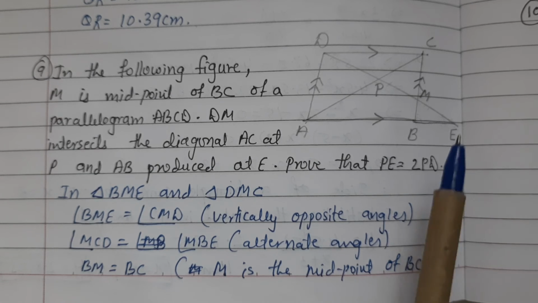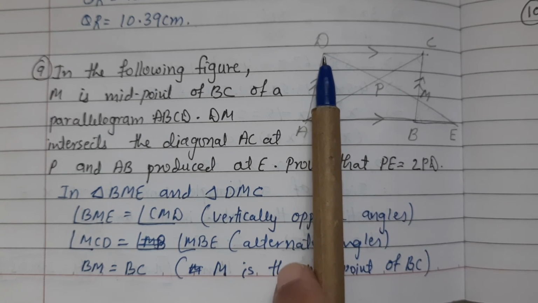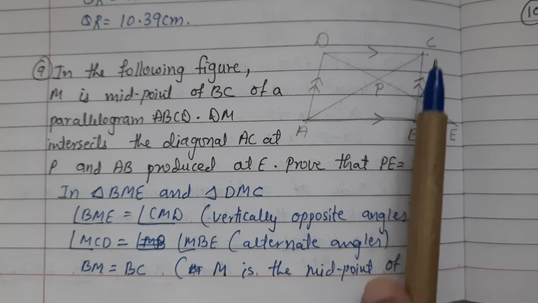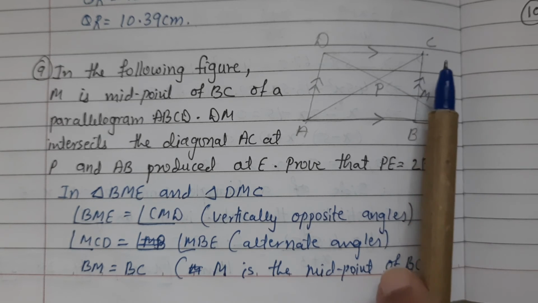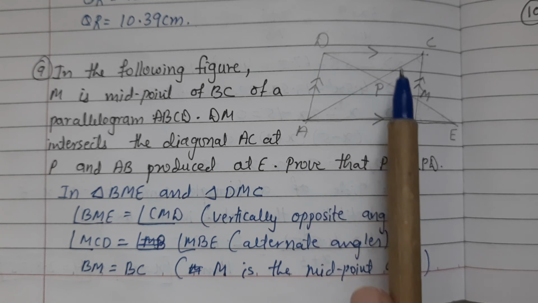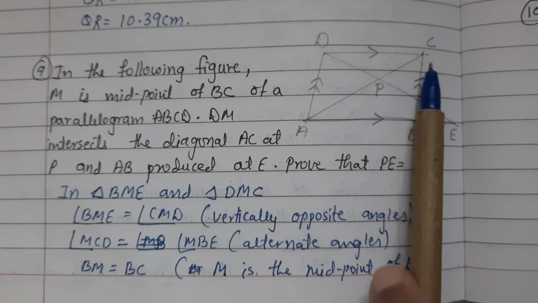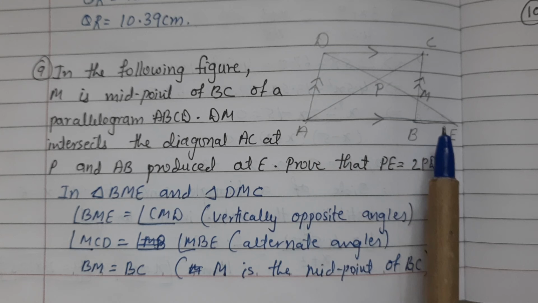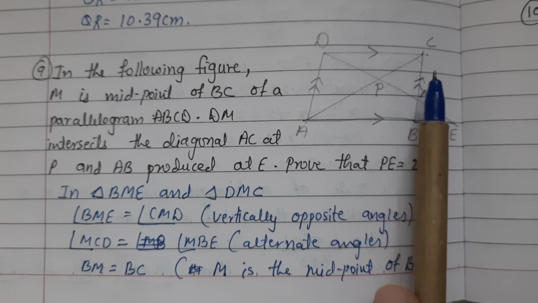In triangle BME and DMC, angle BME is equal to angle CMD, vertically opposite angles. Angle MCD is equal to angle MBE, alternate angles.